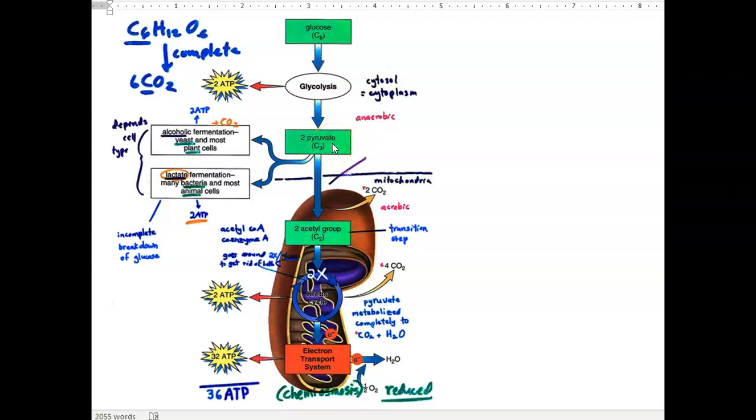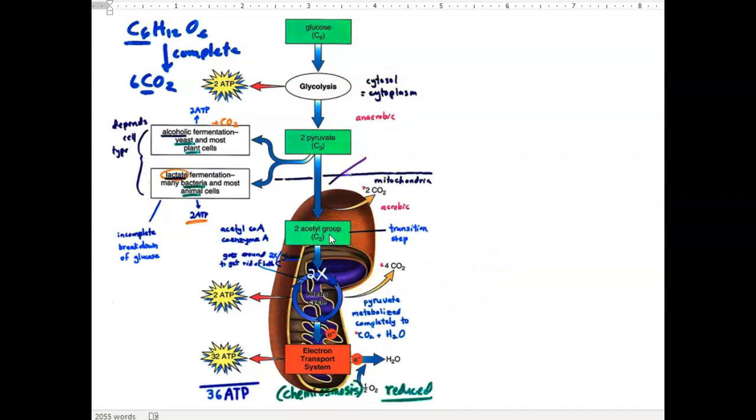Pyruvates now are going to be entering into the mitochondria. The transition step or the transition molecule. And the pyruvates give off 2 carbon dioxides, join with coenzyme A, become acetyl-CoA. In that process, no ATP is made, but it does make electron carriers.